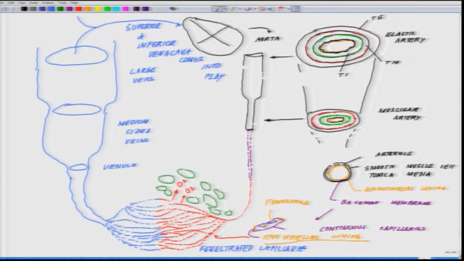So, this is how our closed loop structure really looks like, and very interestingly, these structures have one way valves.